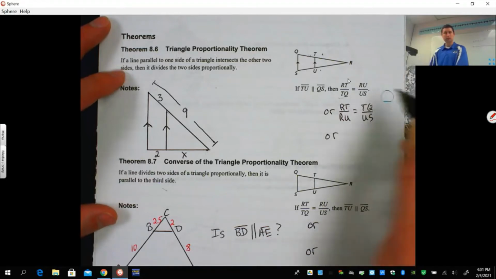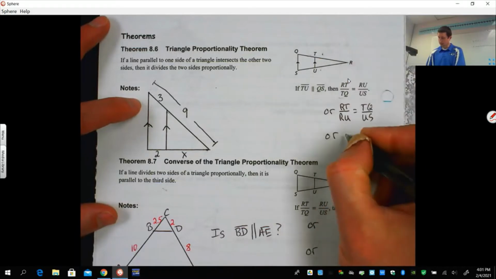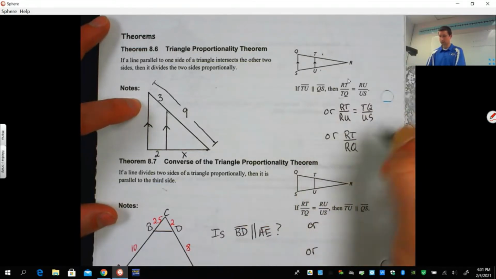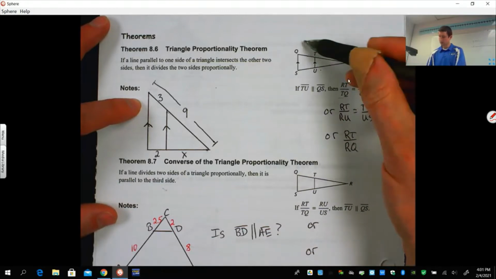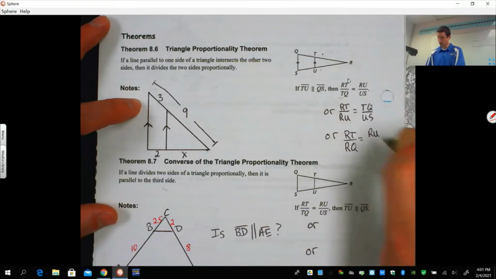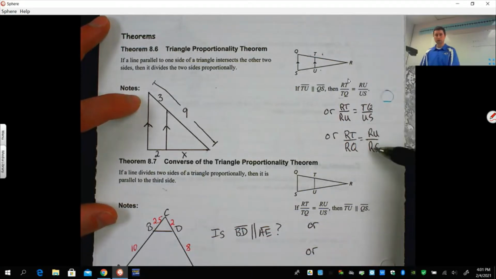The other thing I want to look at, which will serve this example well, is you can take RT over the total length RQ. RT over RQ equals RU over RS. So you can take a part over the whole.